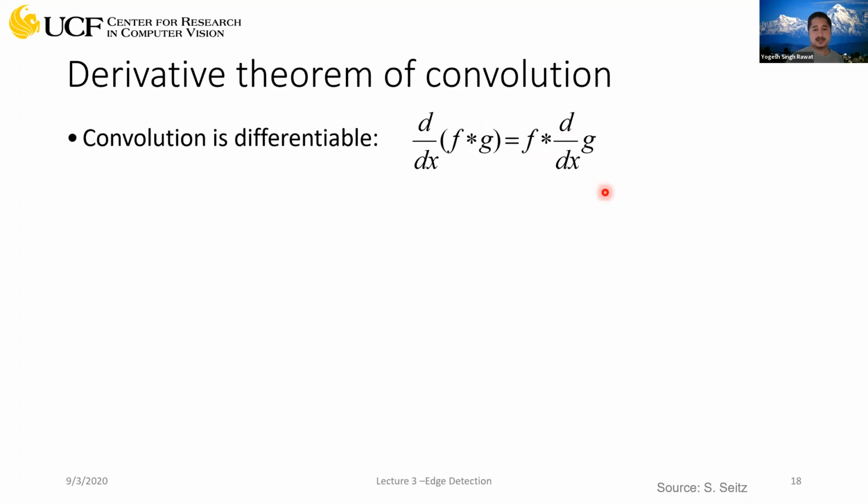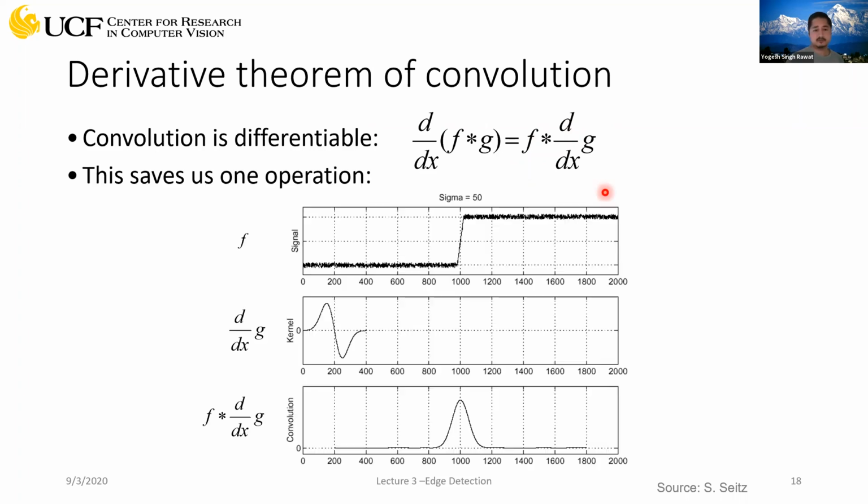Let's see how this saves one step. This is your input signal, and you just have to compute the derivative of your filter. If your filter was Gaussian, the derivative will look something like this. Then you just do the convolution operation between these two signals and you will still get the same result.